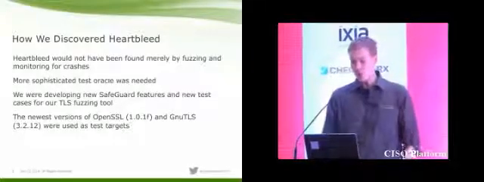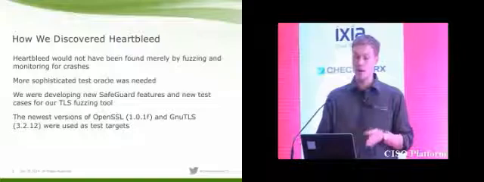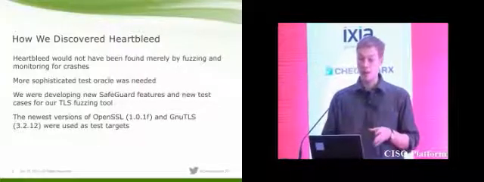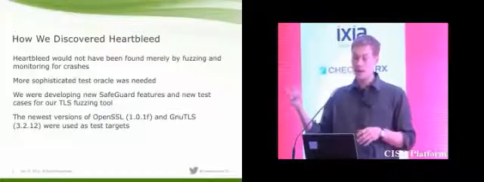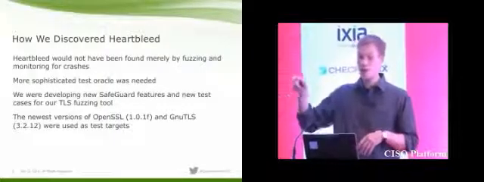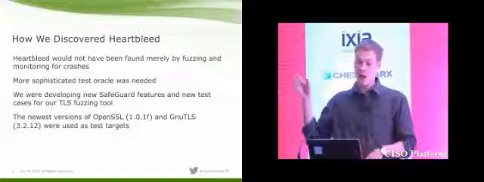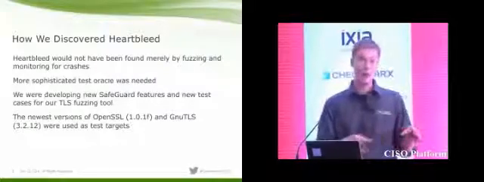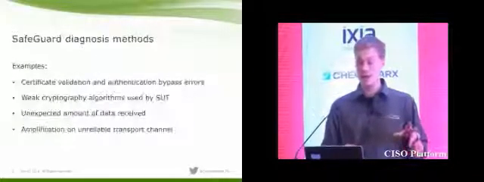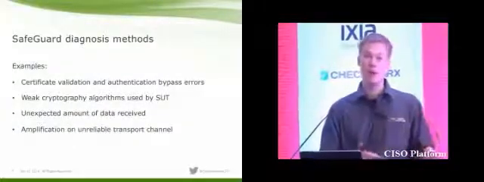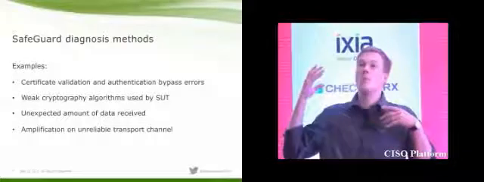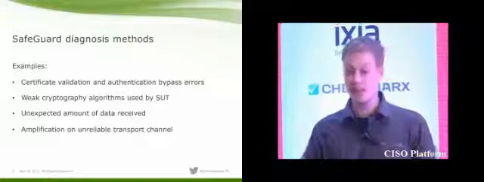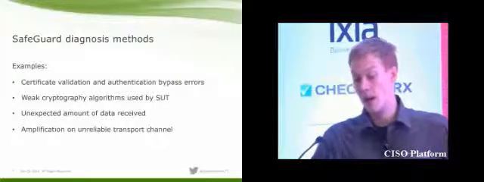And we had three people working on this TLS effort. Riku Hietamäki was developing safeguard features, which are those more sophisticated test oracles. I was adding those safeguard features to our existing TLS fuzzing tool, and also adding new test cases and new protocol extensions, so that we can trigger more bugs in the TLS libraries.